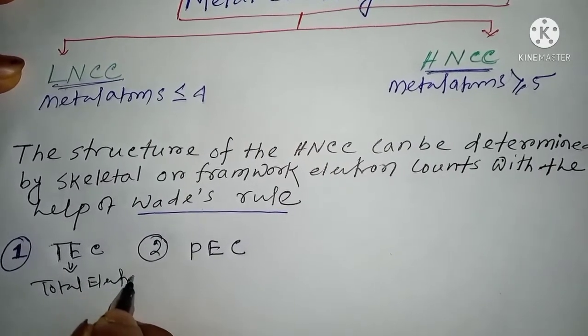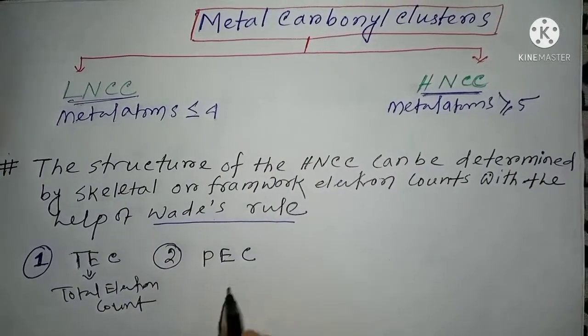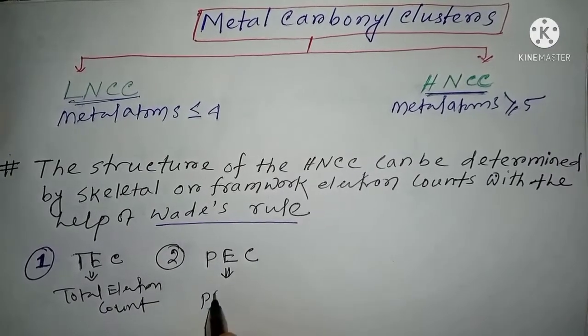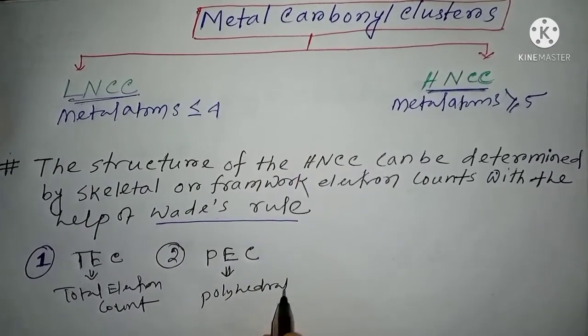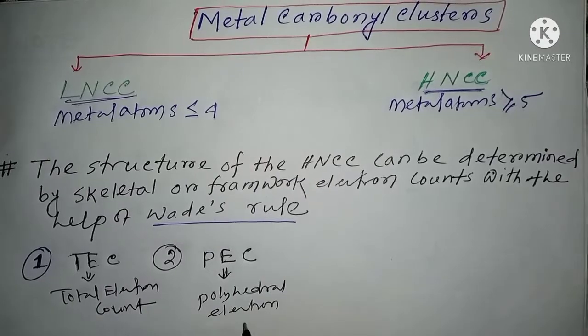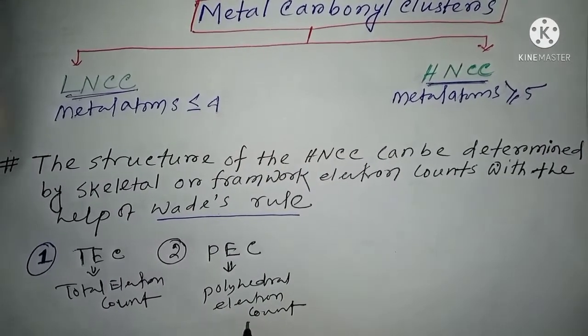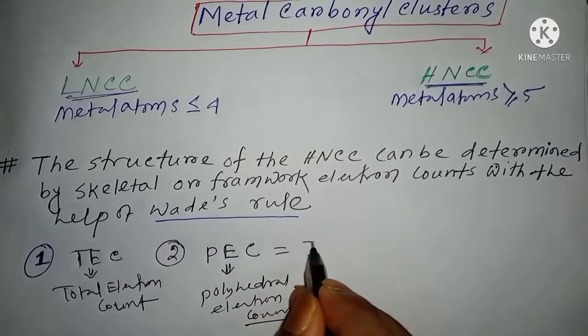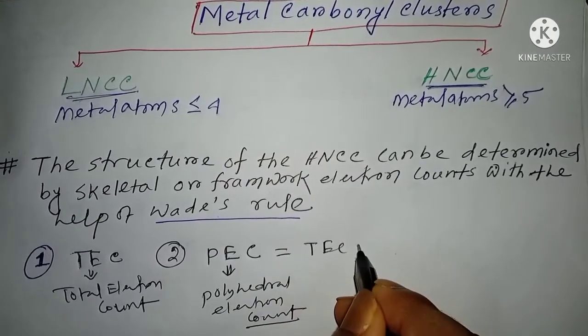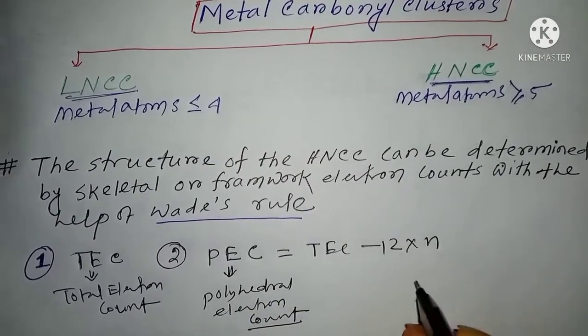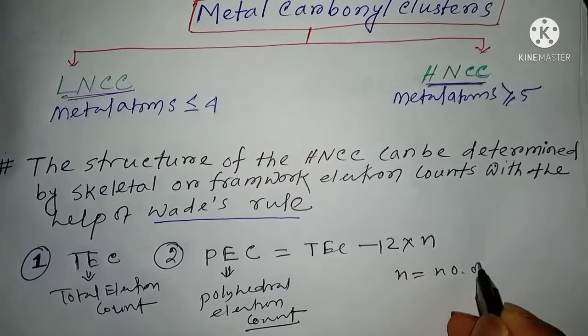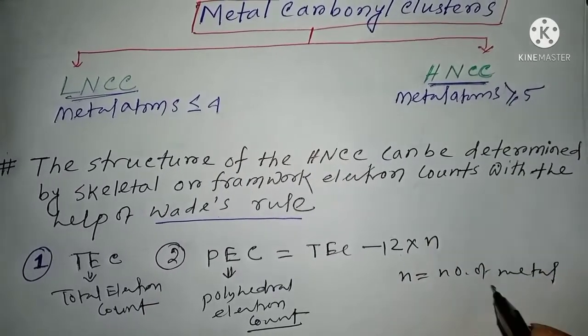PEC means polyhedral electron count. Polyhedral electron count equals total electron count minus 12 into n, where n equals the number of metal atoms.